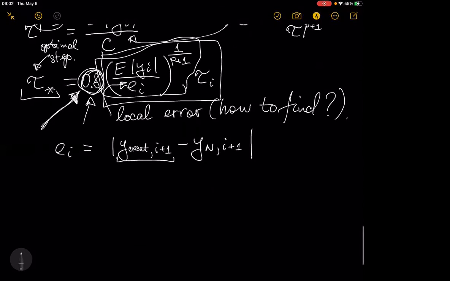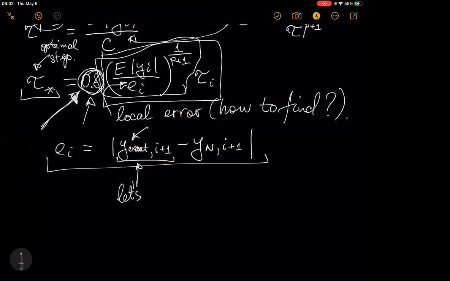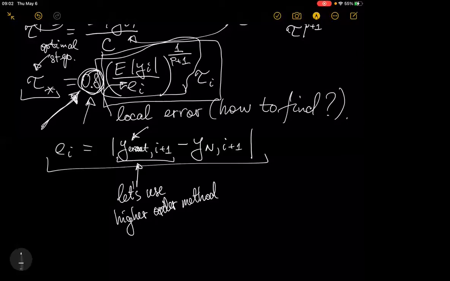Okay, so in order to evaluate this, the problem is that you don't know the exact solution. But instead of this, let us use a higher order method. Here we are saying that let us suppose that the higher order method will give us a more exact solution, closer to the exact solution.